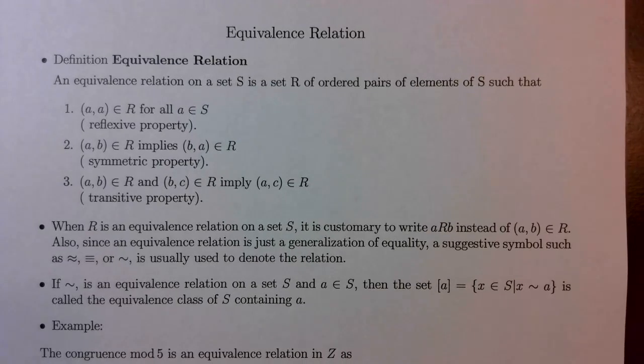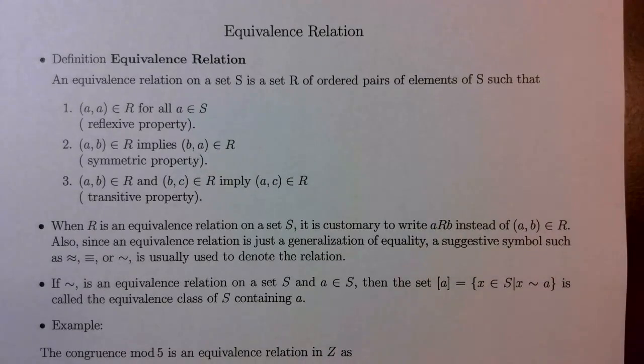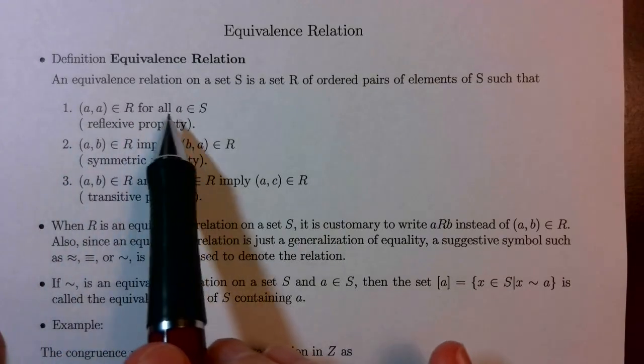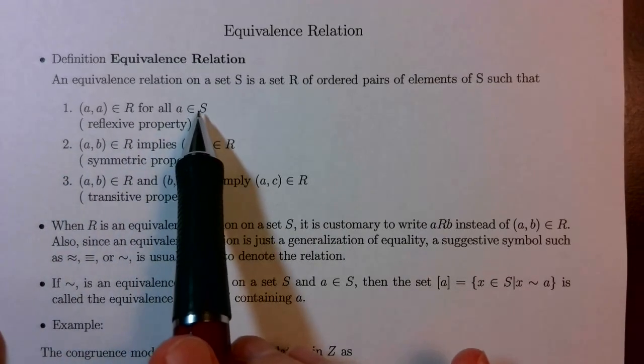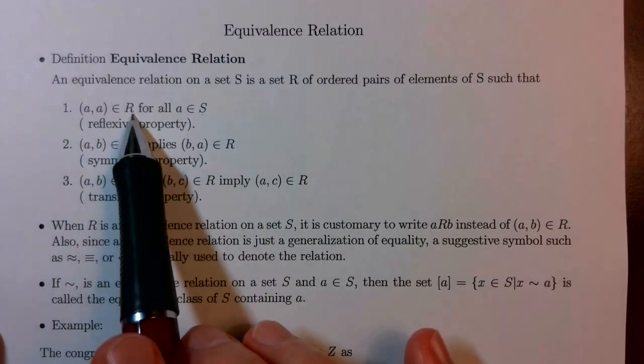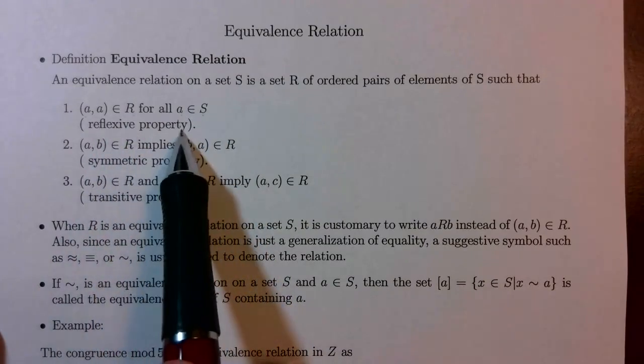Equivalence relation. Definition. An equivalence relation on a set S is a set R of ordered pairs of elements of S, such that for any A from the set S, the pair AA is in R. This is called reflexive property.